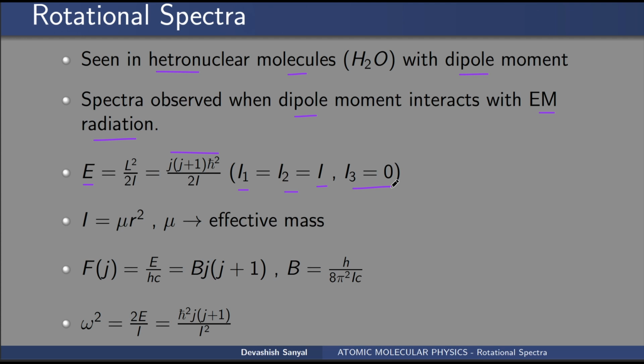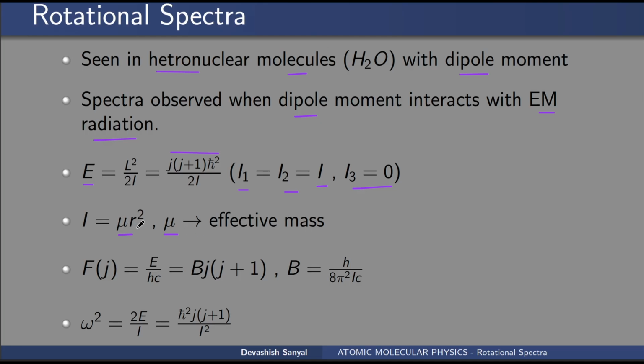So this is what we call the rigid rotator, and I here is equal to mu r square.